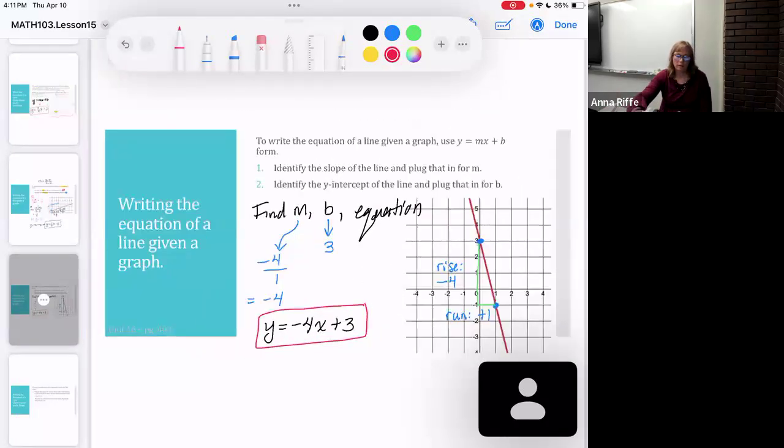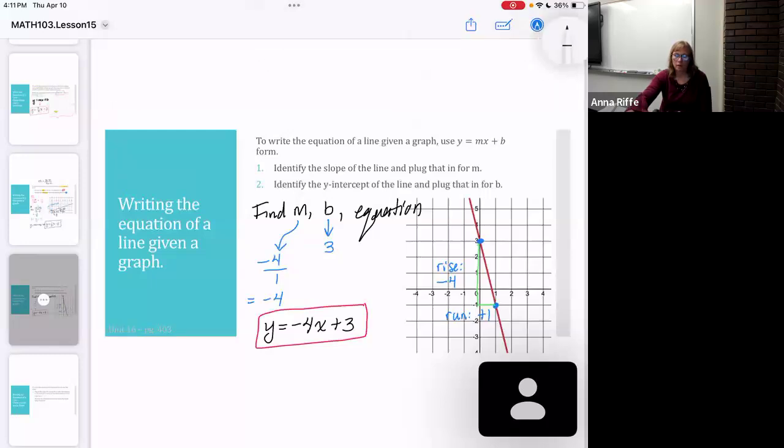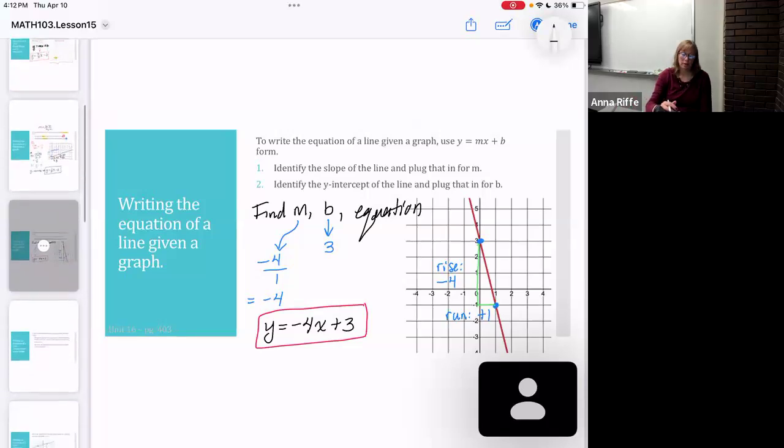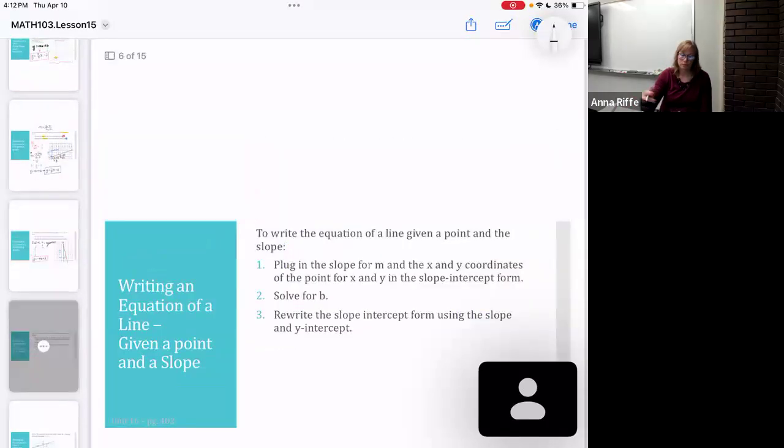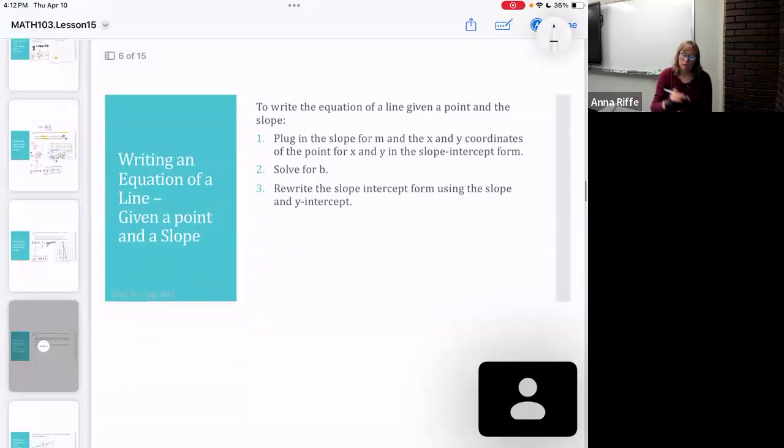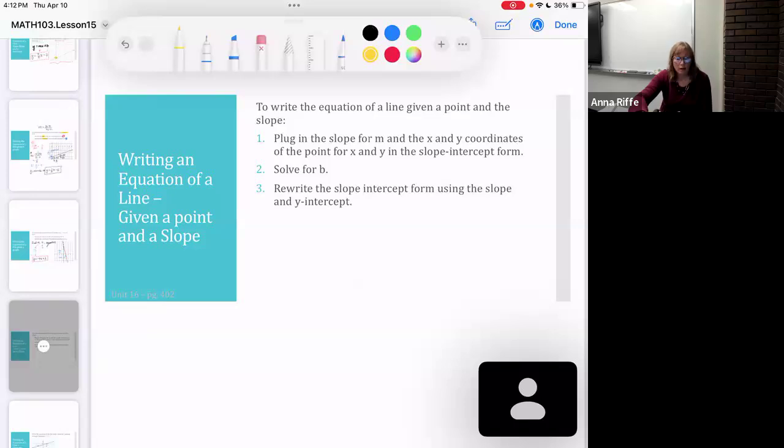Let's talk about the next couple of options for finding the equation of a line, the ones that are a little more algebraic. Let's say that instead of being given a graph or the slope and the y-intercept, we are given a point, any point, maybe just assume it's not the y-intercept, though it can be used to find that, and then we're given the slope.